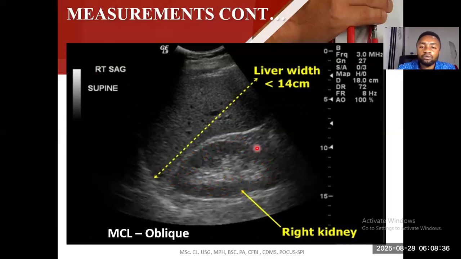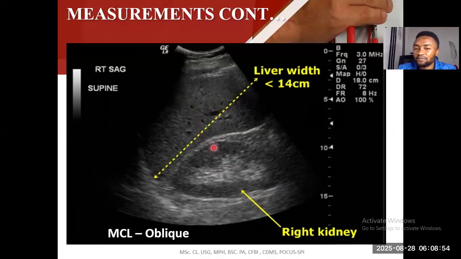So what I need you to understand is that when you compare the sinus here to the liver parenchyma, which one is echogenic? You can see that the sinus is hyperechogenic compared to the liver parenchyma, isn't it? Yes.